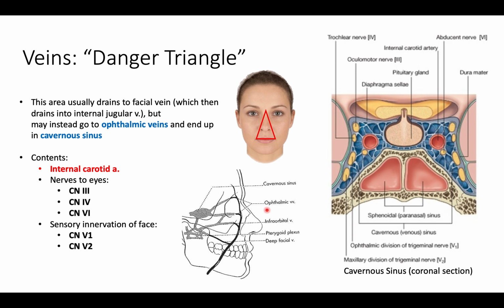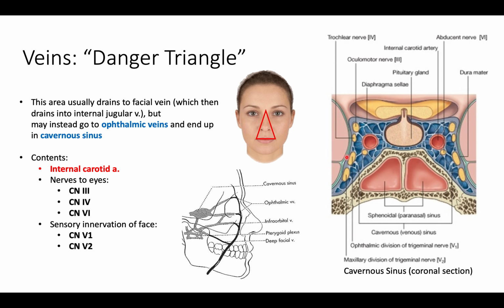So the contents are going to be the internal carotid, as you can see right here, and then the nerves to the eyes, 3 through 5, V1 and V2. So let's look at them in the picture. We've got cranial nerve 3, cranial nerve 4.